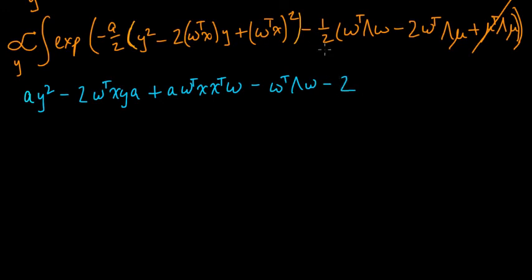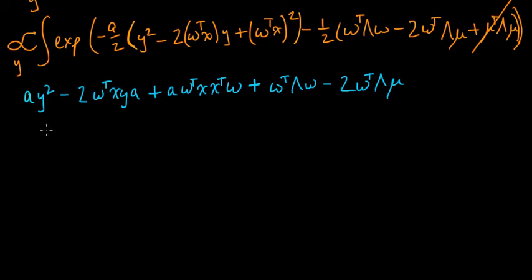No, this becomes a plus. I hope I don't make any mistakes here. So we pulled out the minus 1/2. This is right. This is plus minus 2 W transpose lambda mu, and we forget about that part. Okay.